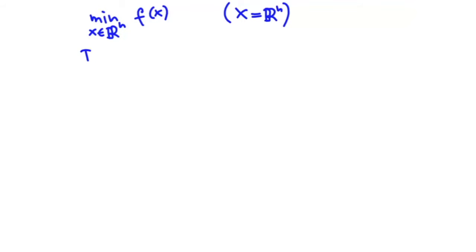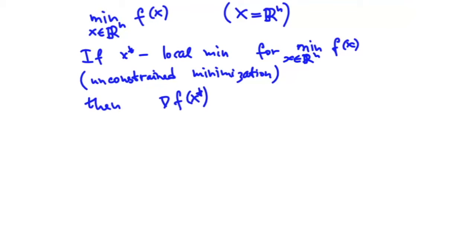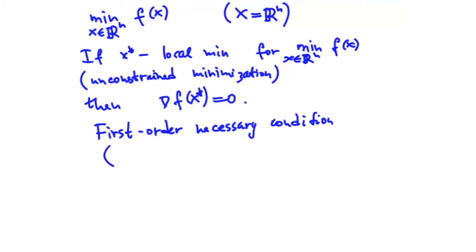Therefore, if x star is a local minimizer for our problem, which is called unconstrained minimization, then the gradient of f at x star is 0. This is what we call the first order necessary condition for a local minimum. Quite often we'll use the abbreviation FONC. This is a necessary condition, but it's not a sufficient condition for a local minimizer.